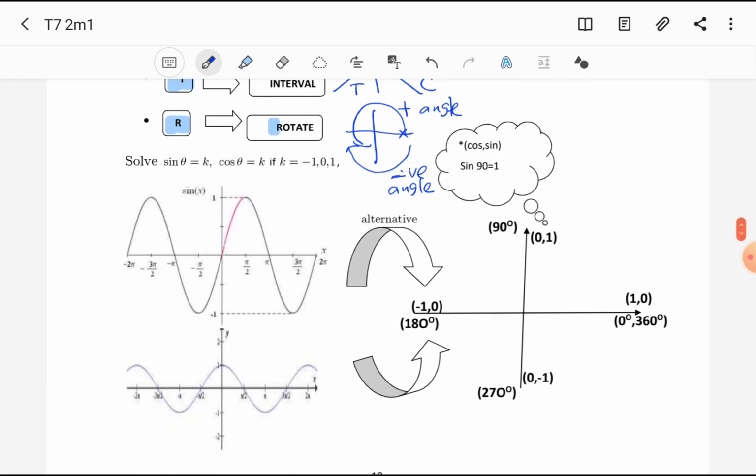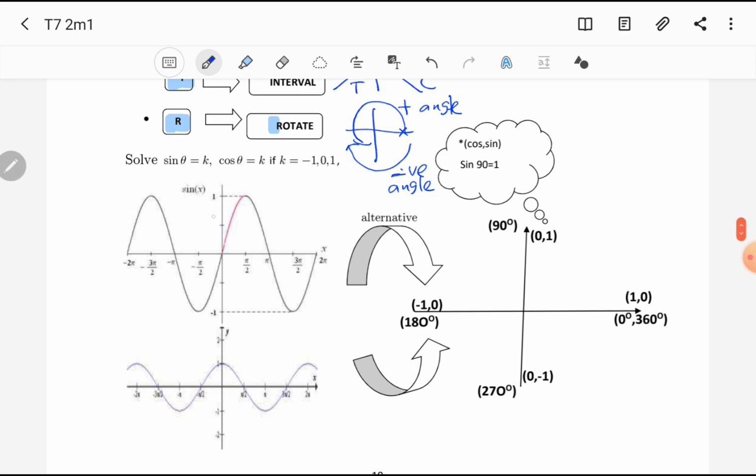Next, if you refer to the graph here, this is the sine graph, and the one below is the cos graph. Looking at the sine graph, its maximum amplitude is 1, minimum is negative 1, and the middle is 0. The values 1, 0 and negative 1 are special values.